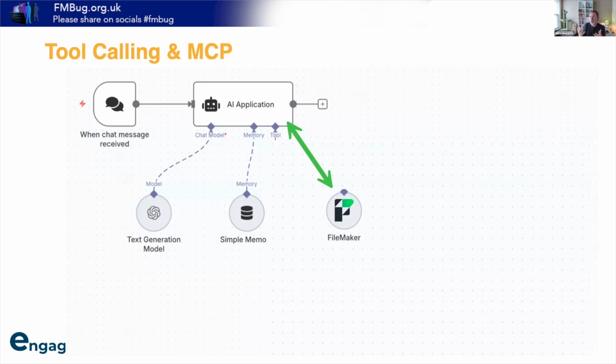Fundamentally, it's just code. So from inside code, we can make an API call to FileMaker. We have the Data API, we have the OData API. We could do that from inside the AI application, and that's entirely true. There's nothing stopping you from doing that. If you were to write your own AI application, you could certainly do that. So that certainly works.